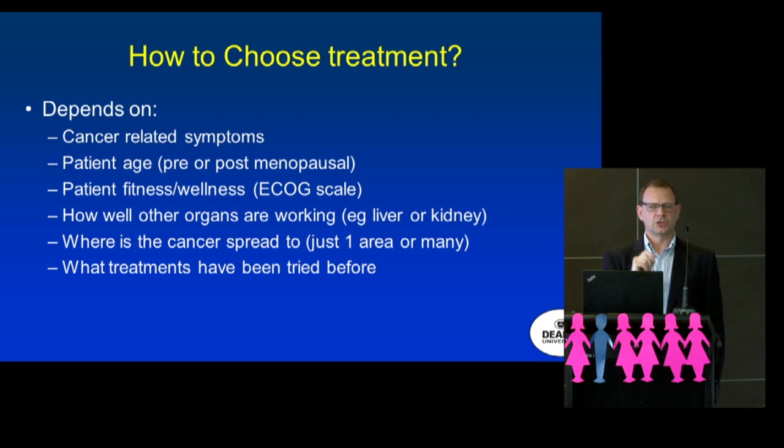Radiation is good for spot welding, as I say, where you can point it where you need it to go and it'll treat there, but only there. And it's very good for things like bones or brains or other bits that are hard to get at with chemotherapy. And it'll also depend on what you've tried before. If we tried something before and it didn't work, it doesn't always make sense to go back to it again, because those cancer cells had already shown they worked out how to get past it.